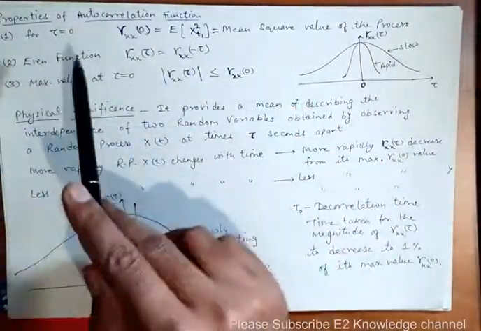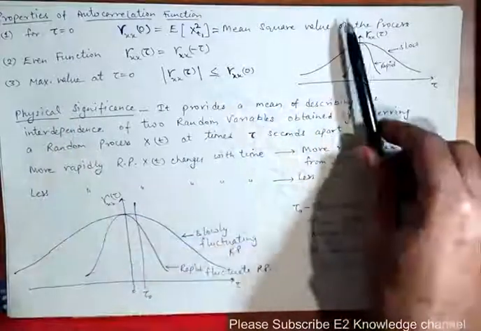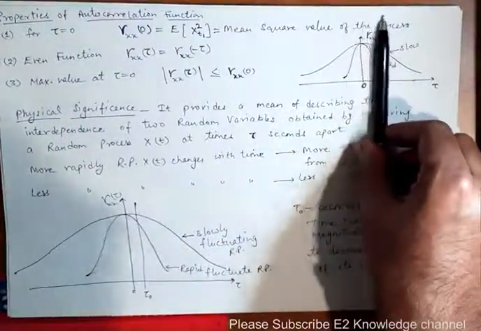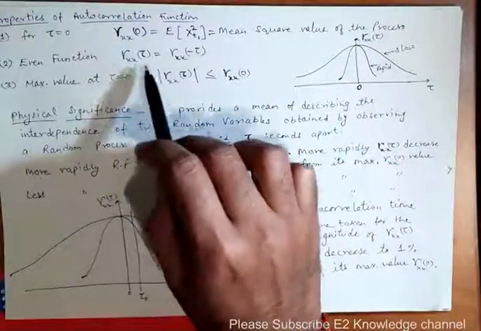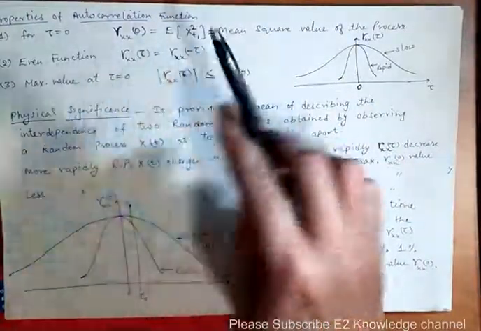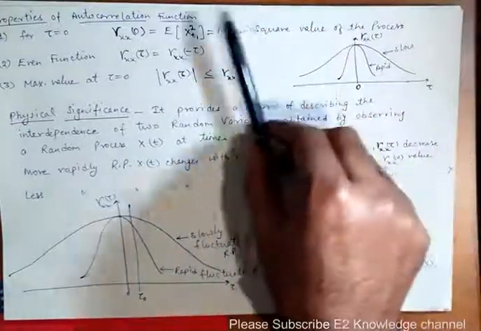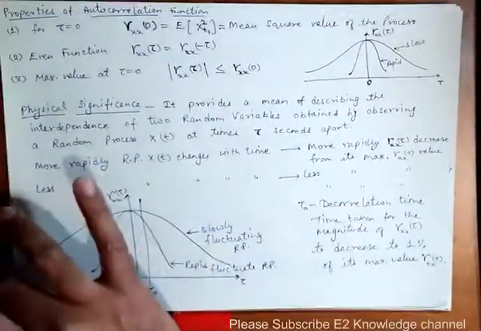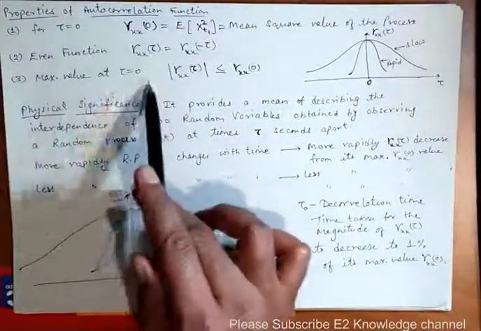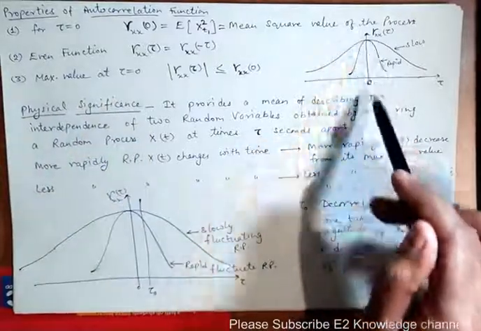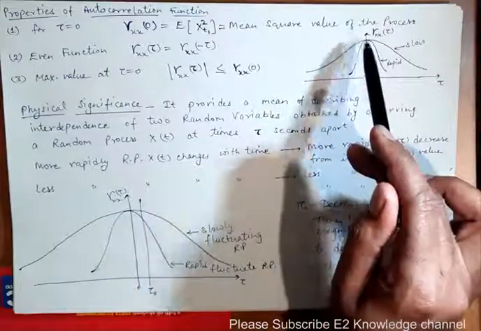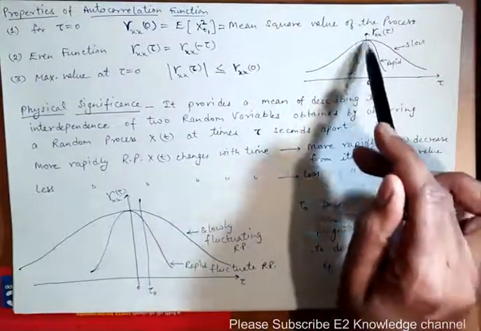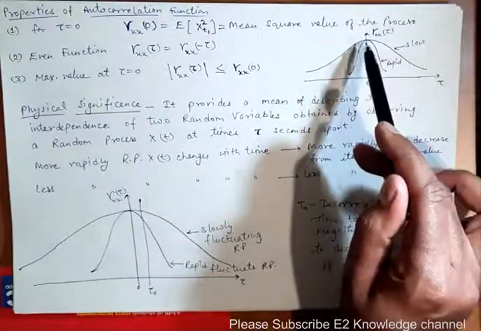And second, we also know that it is an even function. It behaves evenly on the positive side as well as the negative side from the origin. Gamma xx tau is equal to gamma xx minus tau: a positive time shift and a negative time shift. And third, the maximum value is at tau equal to 0. The autocorrelation function is always maximum at tau equal to 0, where there is no time shift.